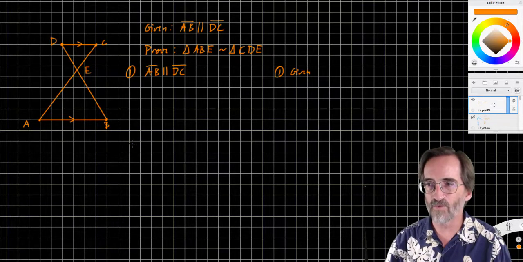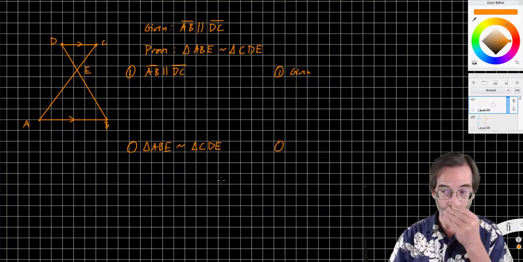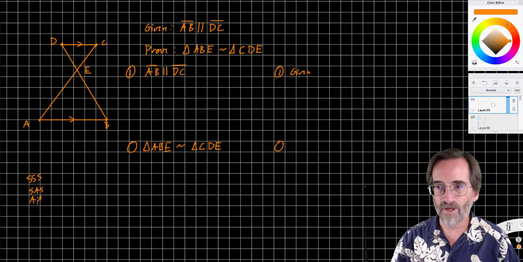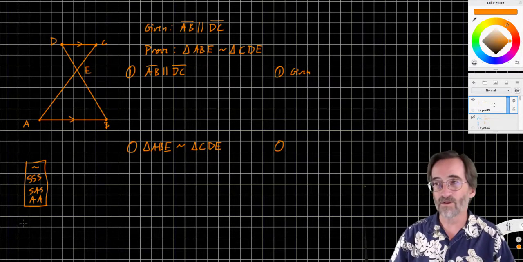Where do we want to end? What are we trying to prove? We're trying to prove triangle ABE is similar to triangle CDE. And the reason for it, I don't know yet. It's going to be one of these: side, side, side; side, angle, side; or angle, angle, because those are our similarity postulates. So it's going to be one of those, but we'll figure that out later.